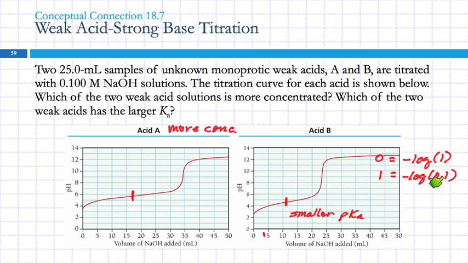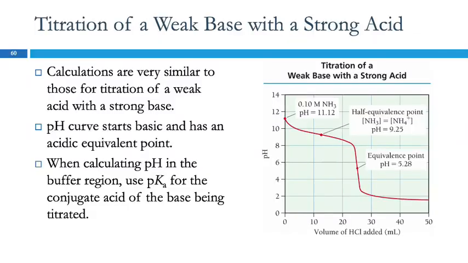The log of a smaller number is going to be a more negative number. So let's say I was taking the negative log of 10 to the 1 or the negative log of 10 to the 3. The log of 10 to the 3 is going to be 3.